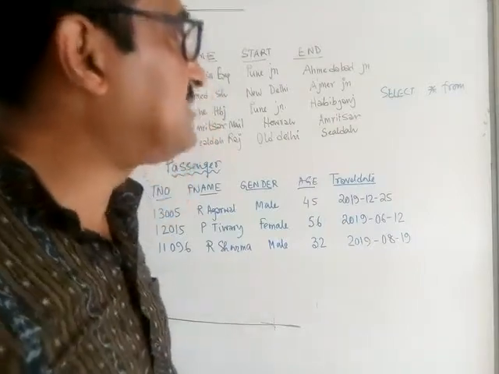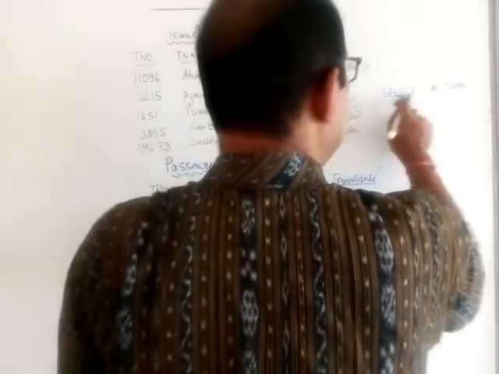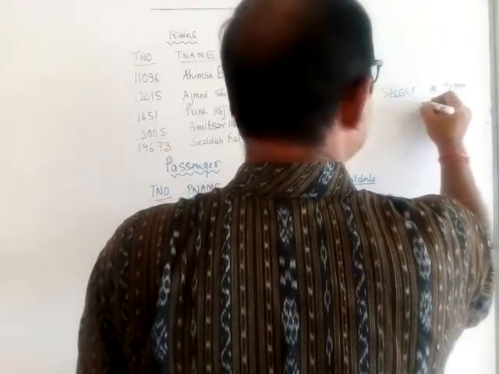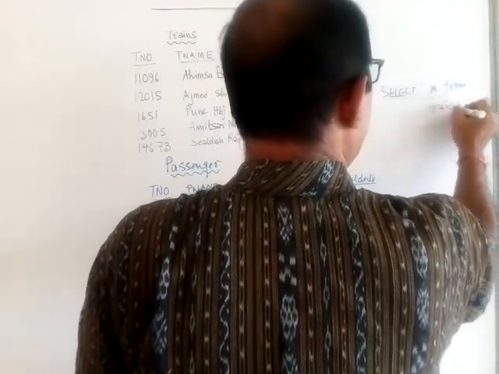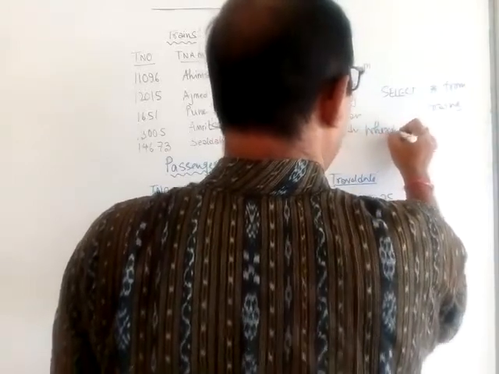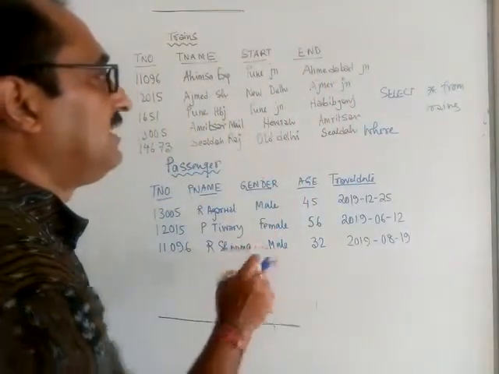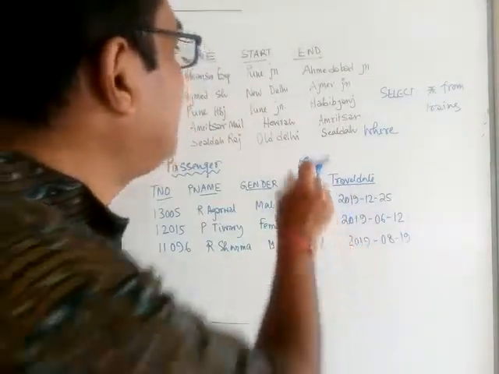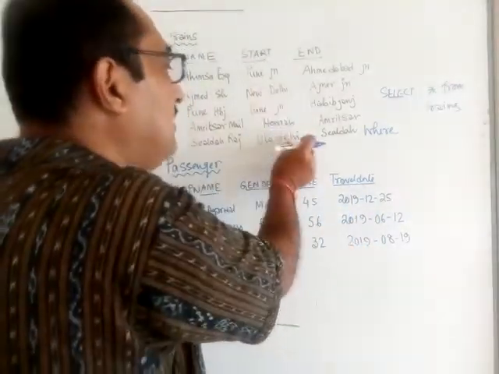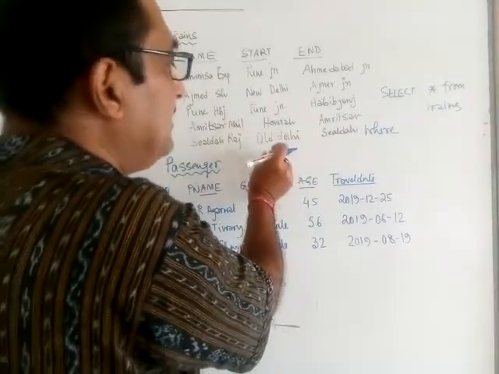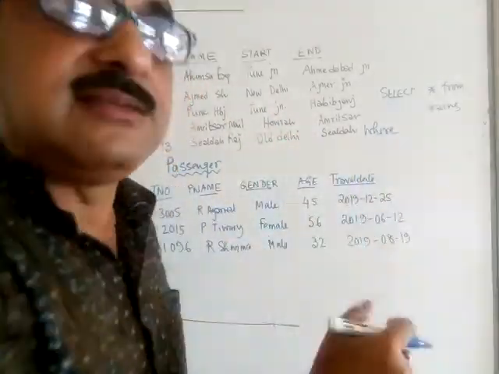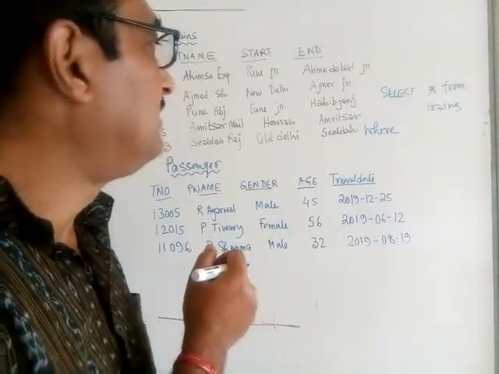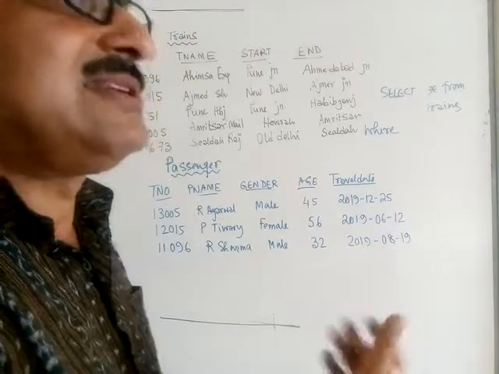We could write select start from trains where, but here I will not write New Delhi and Old Delhi separately, because it could be New Delhi, Old Delhi, or maybe Nizamuddin Delhi. Nizamuddin is another railway station in Delhi. That is also quite possible. So how can I write three things together?